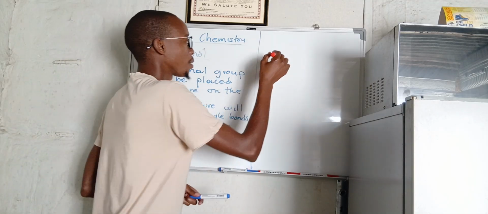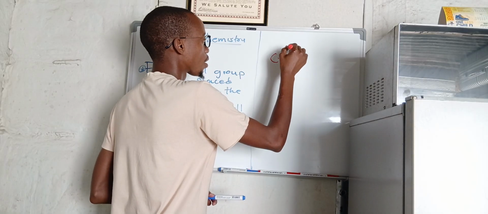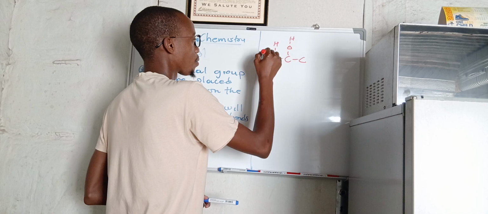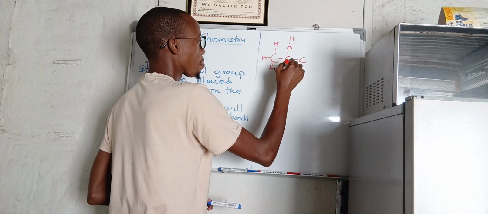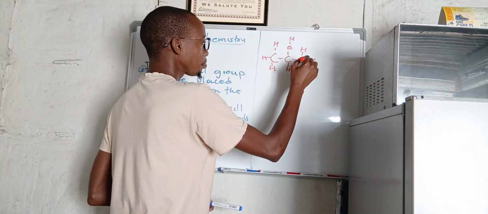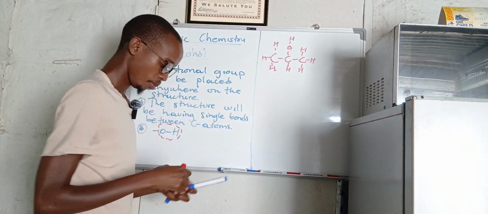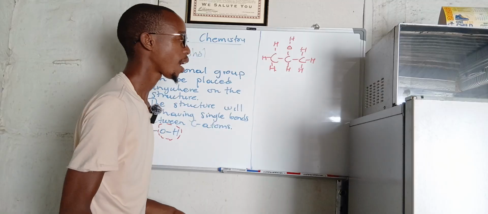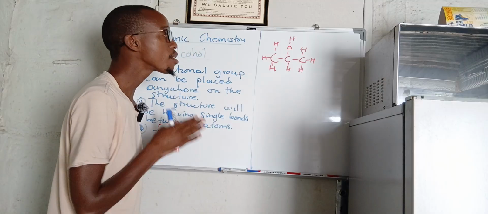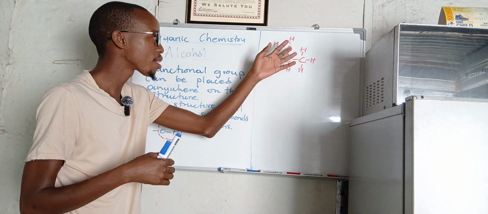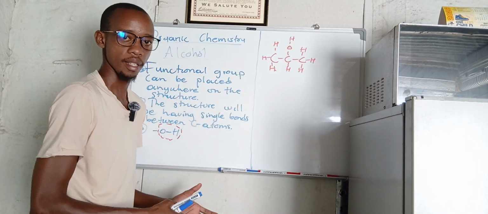Let me show you the structure. 1, 2, 3. You can put the functional group anywhere. However, by placing this functional group here, it means something.